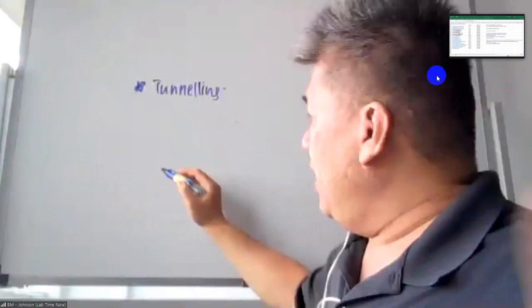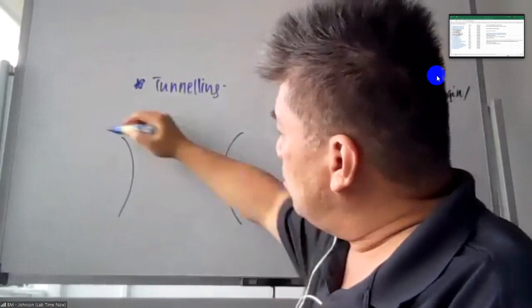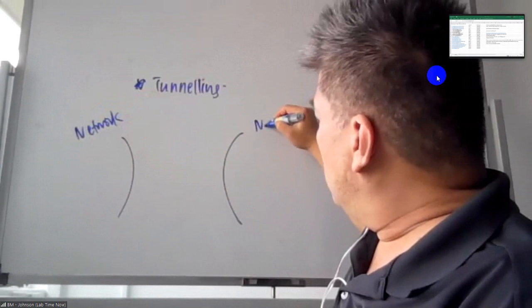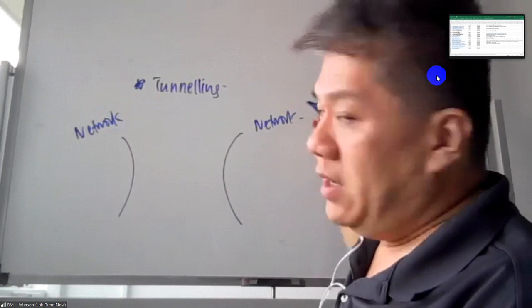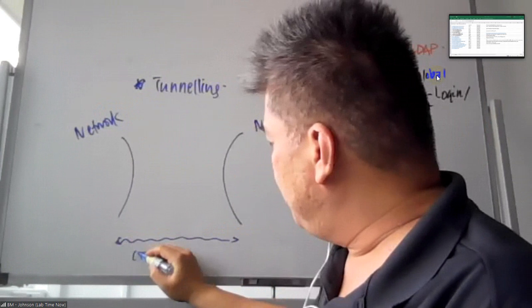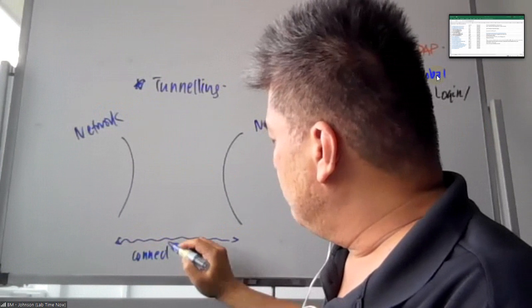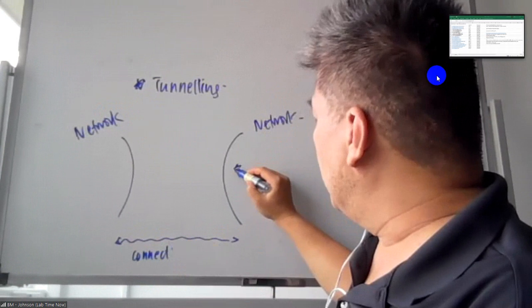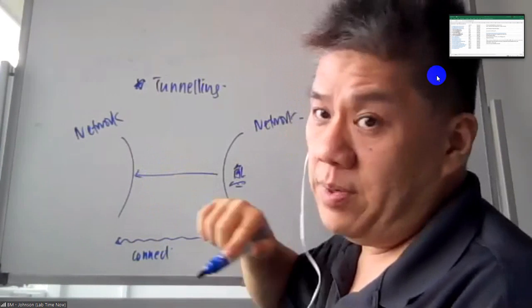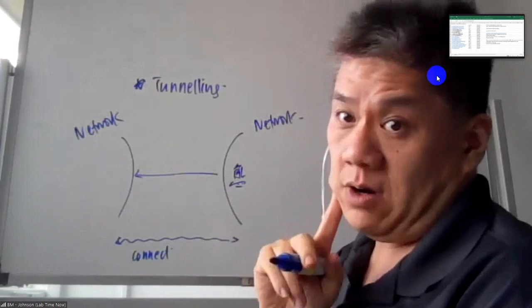Today, if you have two different networks, and you want them to connect. If it's just one computer, then not a problem. You can use GlobalProtect, correct?